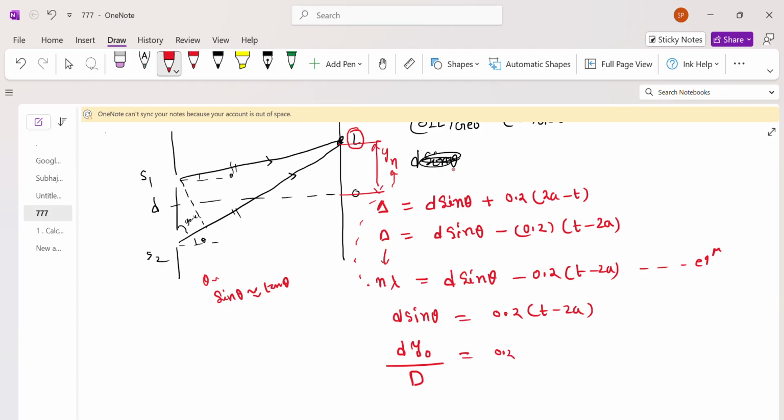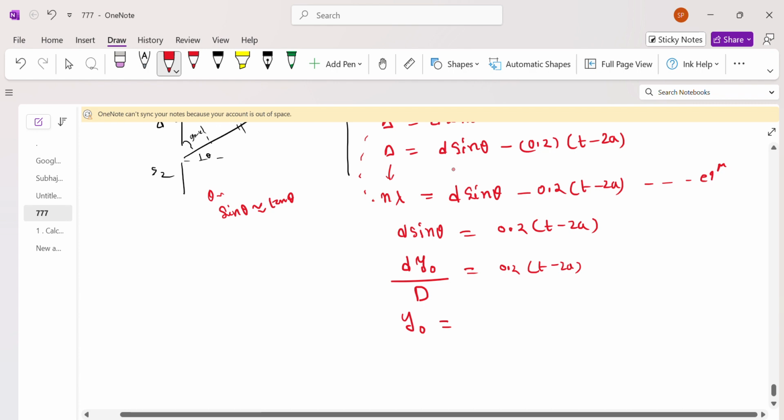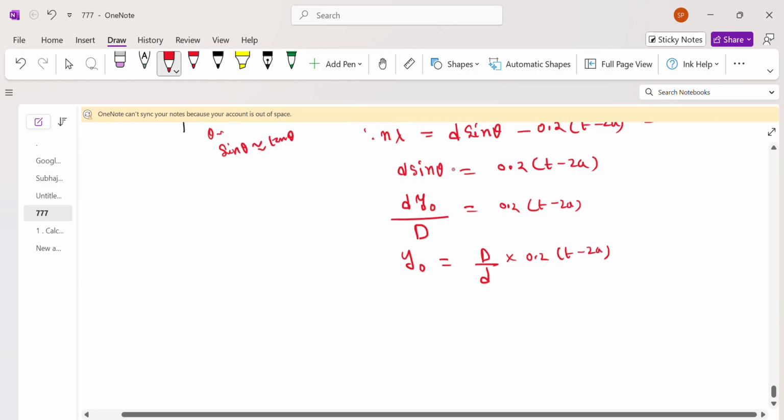So this y0, the shift in the central maxima from the actual center, is nothing but D divided by d into 0.2 into (t minus 2a).